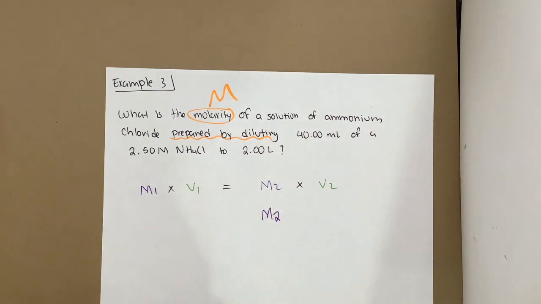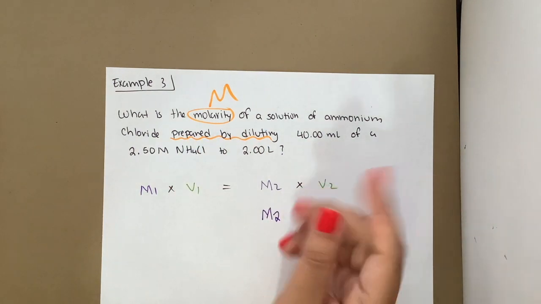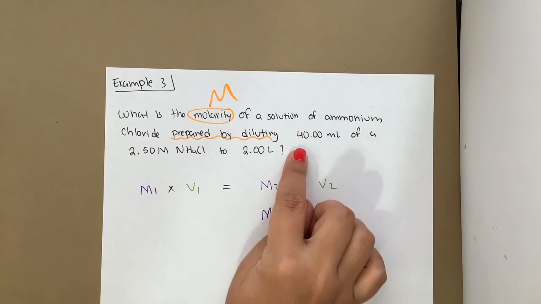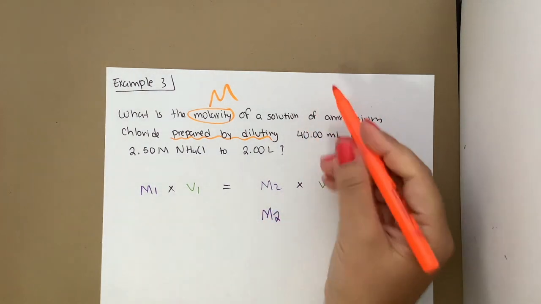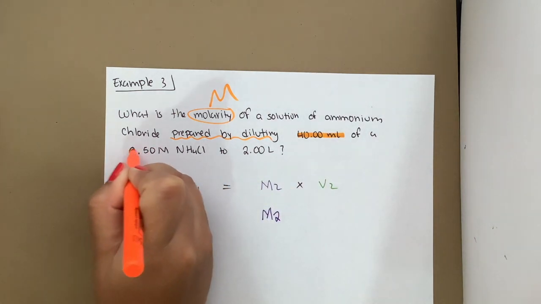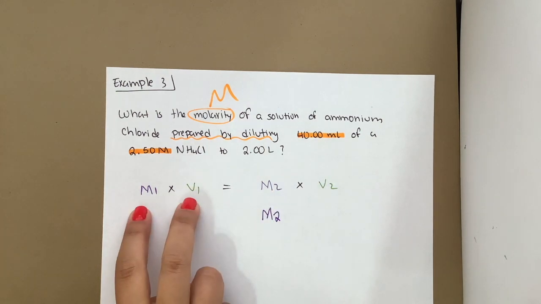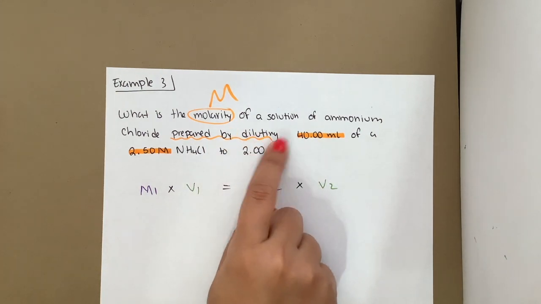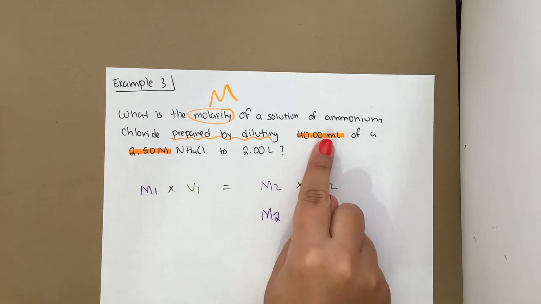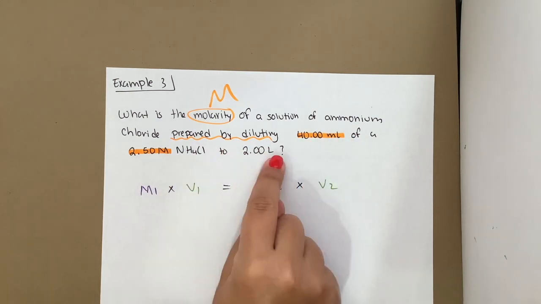They're asking you for the concentration of a diluted solution, of a solution that you're going to make by diluting something. Okay, so this 40 milliliters and 2.5 molar belong to my initial. So by diluting, that means I'm going to be diluting 40 milliliters of a 2.5 molar solution to this new volume.